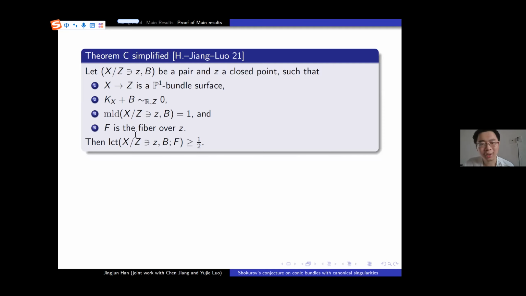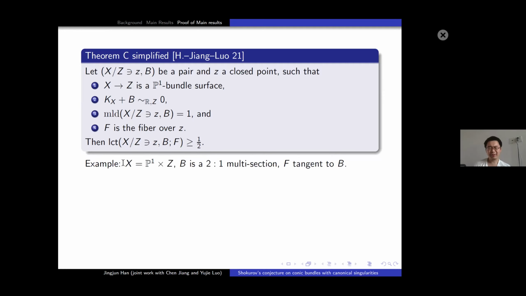And let F be the fiber over Z. Then in order to show the theorem, we only need to show that the log canonical threshold of this relative pair with respect to F is larger than or equal to 1/2.